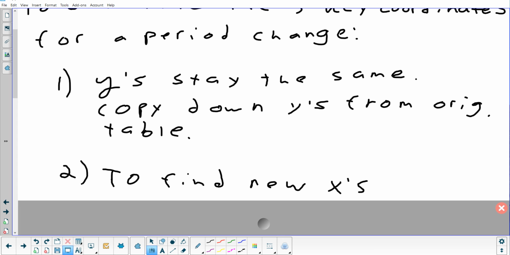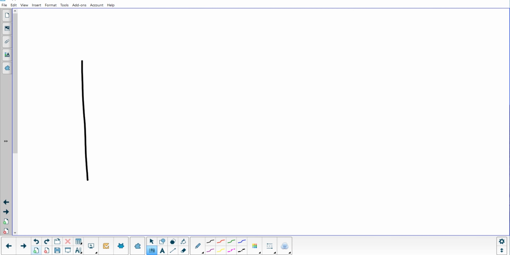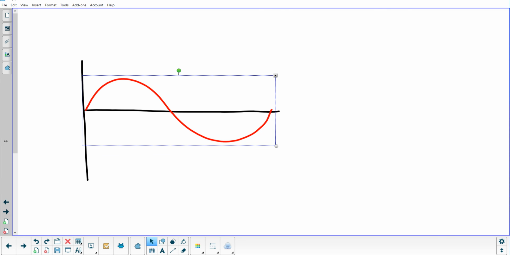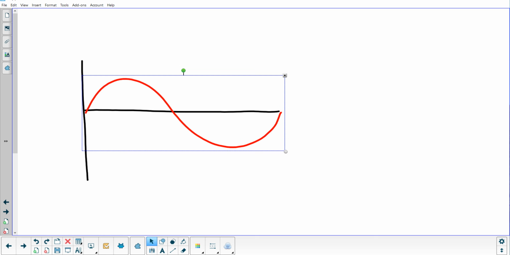So the idea here is everything is stretching and compressing horizontally. Here is a graph. Watch what happens if I compress it horizontally. I want you to focus on this point right here.